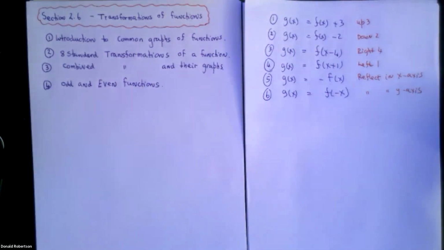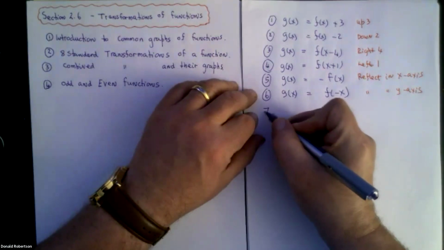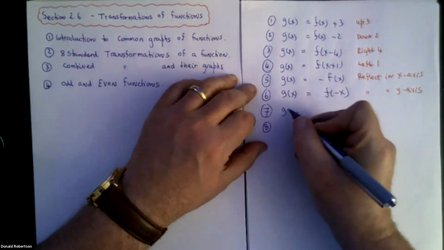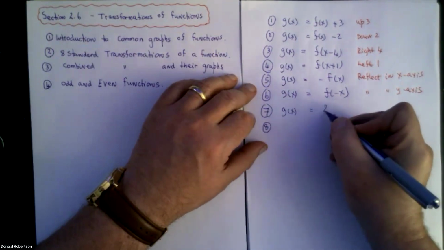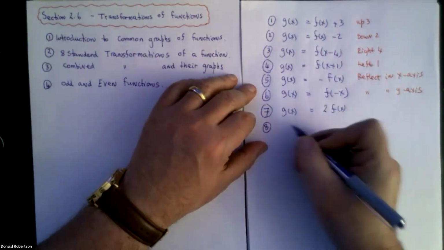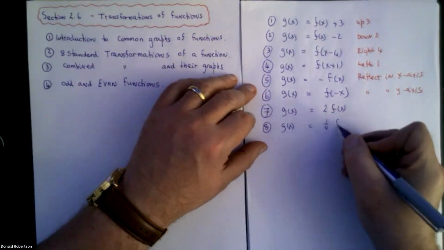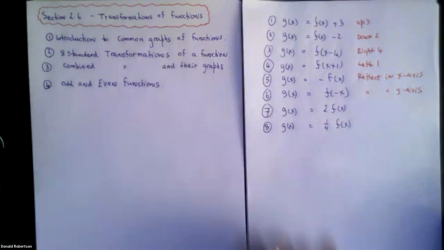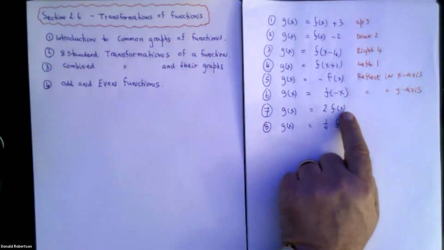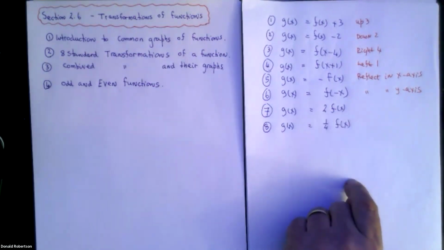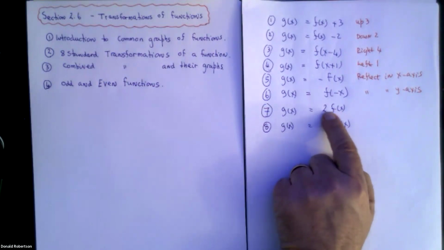So who are the last two major transformations? Well, here they are together. So if you take the original function f of x, but for every x, you double what the y value is. That's essentially what this is doing, doubling the value of the function. That would be a transformation.